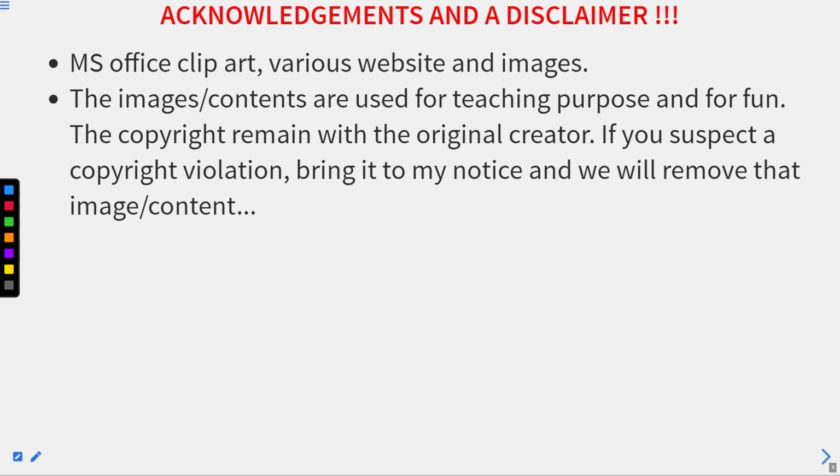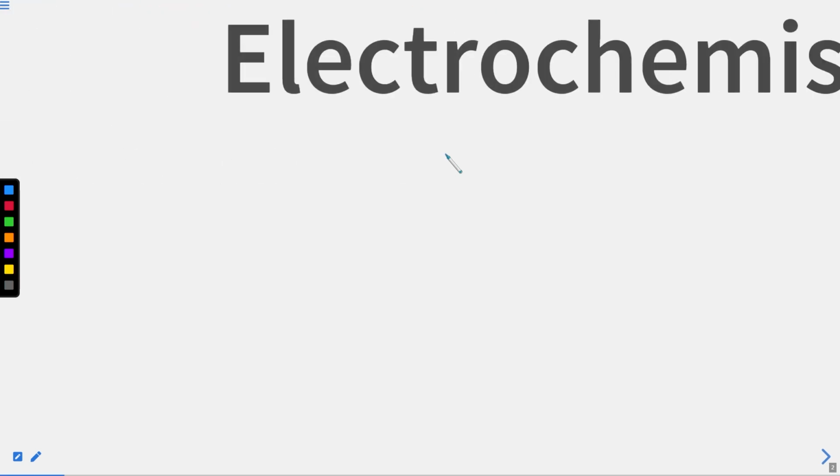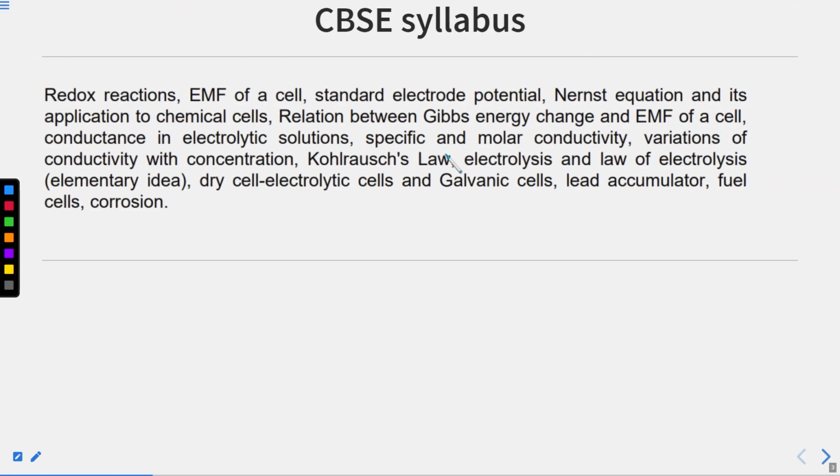So we have covered the EMF for the first part, and then we have started conductance and seen the molar conductivity. Up to molar conductivity, it's over. Let me give you a quick revision of this second part, the introduction.